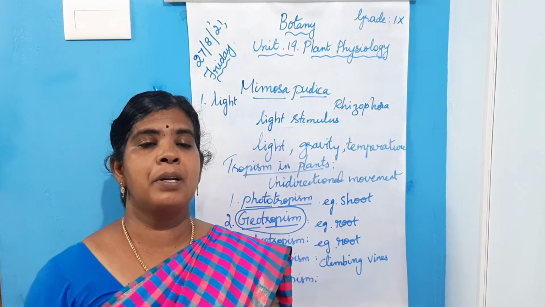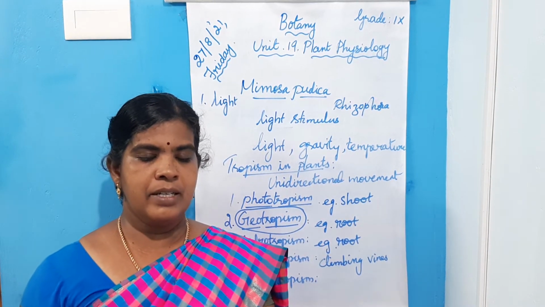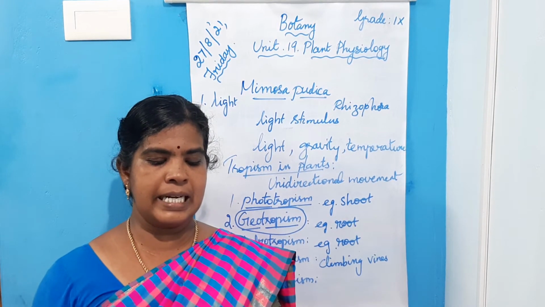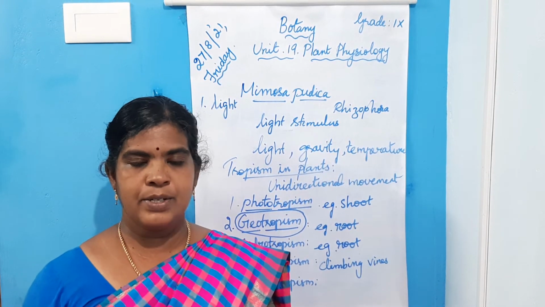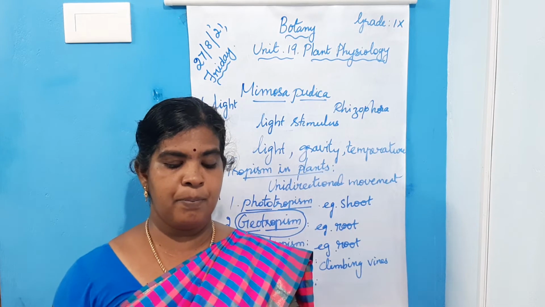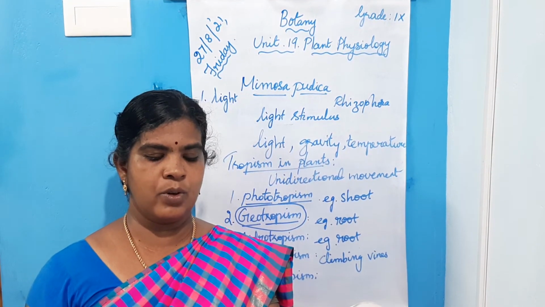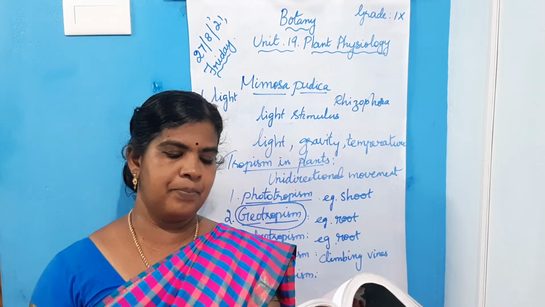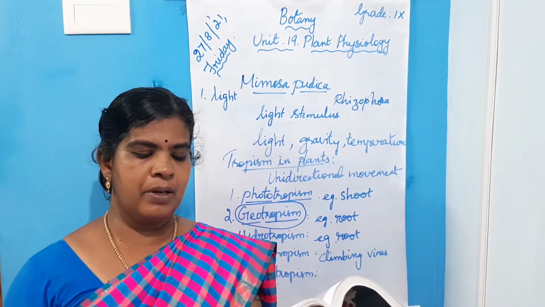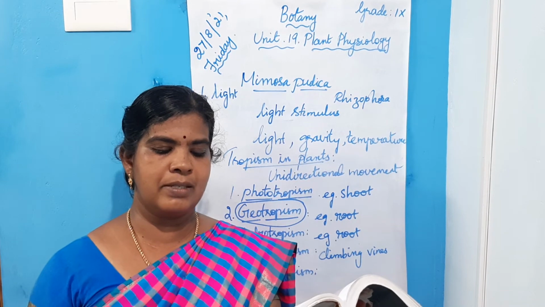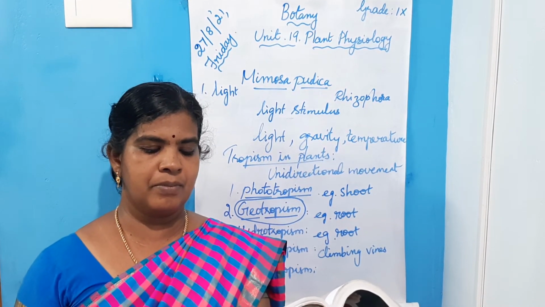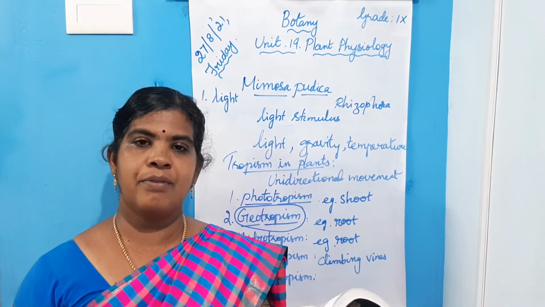Next, Roman number 4, state whether true or false. If false, correct the statement. First one, the response of a part of a plant to the chemical stimulus is called phototropism. That is false, isn't it?